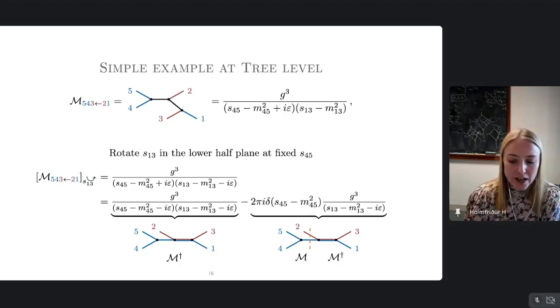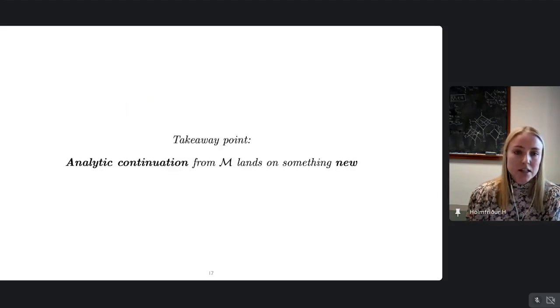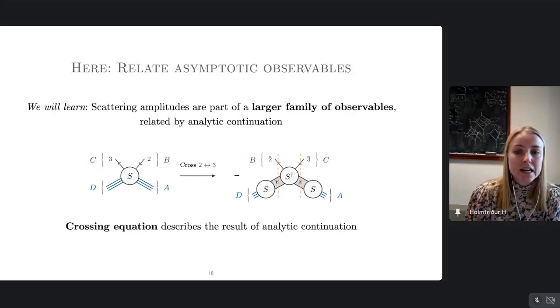But for now, the crucial takeaway point is that after the analytic continuation, we neither land on an amplitude nor a conjugated amplitude. The analytic continuation from the amplitude at 2 to 3 points lands us on something new, and that's what we're going to try to understand in this talk. But the cool thing is that this new thing is not some random object that's just an analytic continuation of the amplitude. It's actually a different observable.